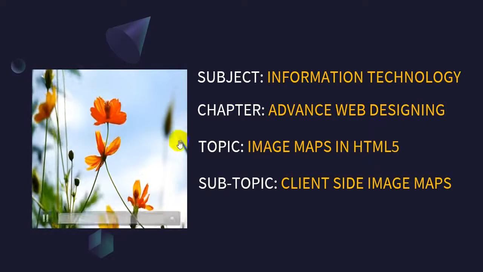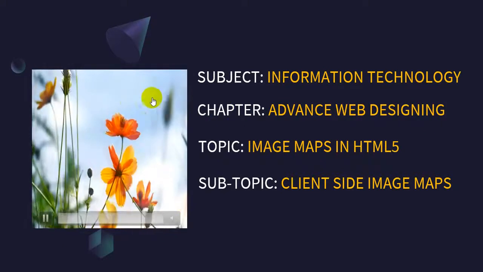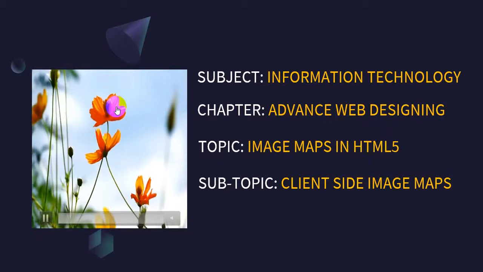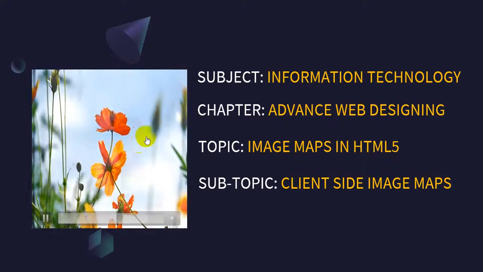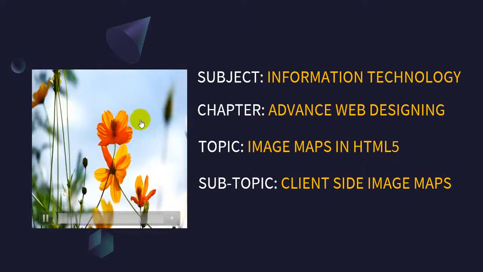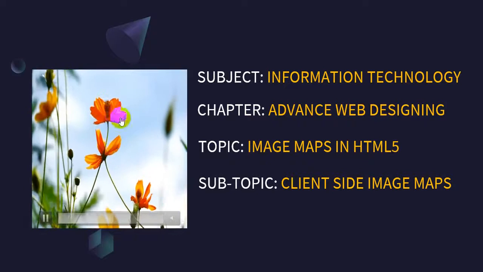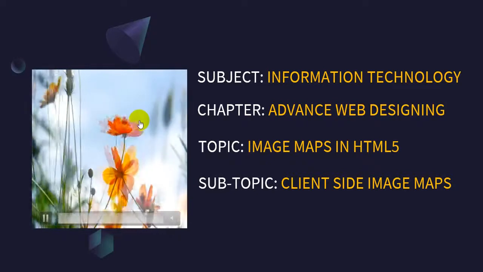So finally, I think you got some idea regarding image mapping. We have one image and on different sections of the image we have to create different hyperlinks. For example, when you are watching an animated video in which you see some flowers moving, when I click on that flower, some web page will open.